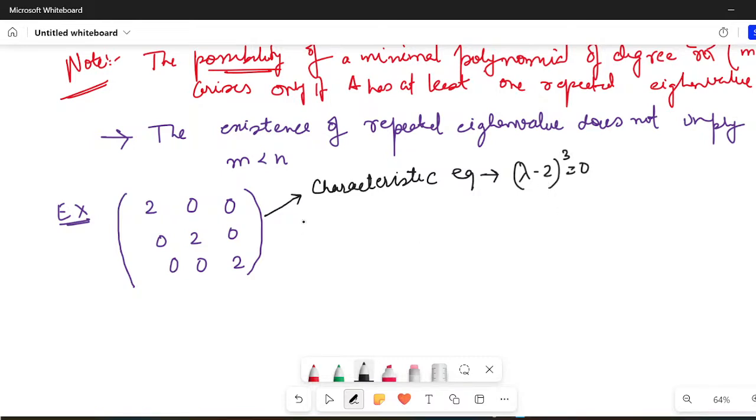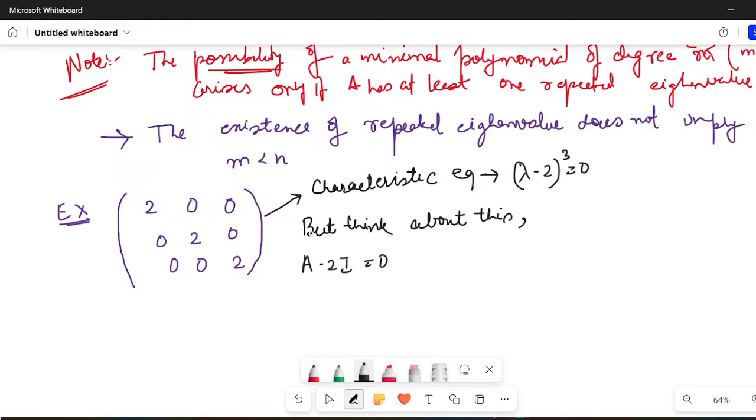But think about this. Can I not write A minus 2I equal to 0?